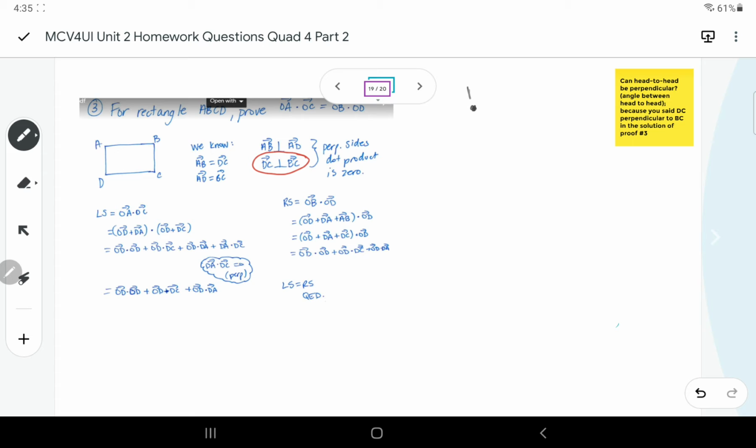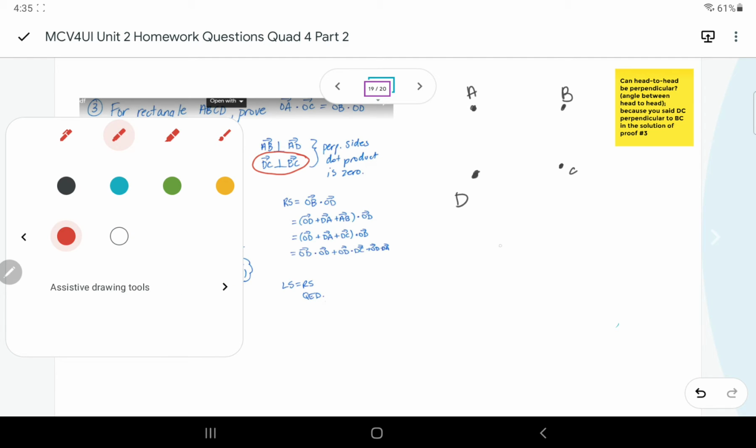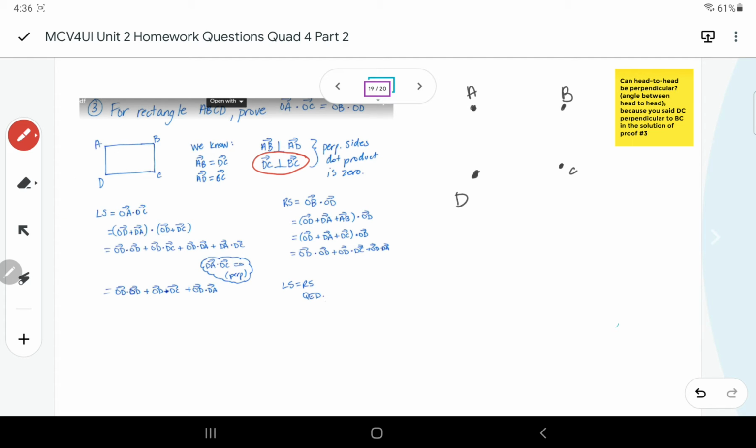So if I draw this rectangle A, B, C, D, like that, I've got some origin somewhere, and you can draw that wherever you want, but I would try not to draw it somewhere specific. I don't want to put it in the middle of the rectangle, or right beside any one of those points.